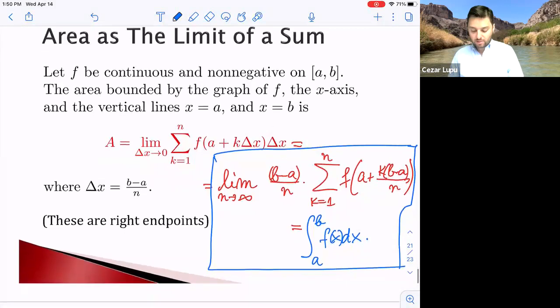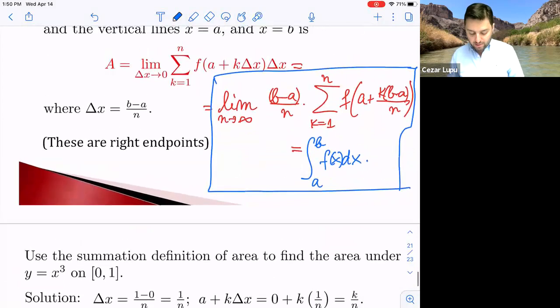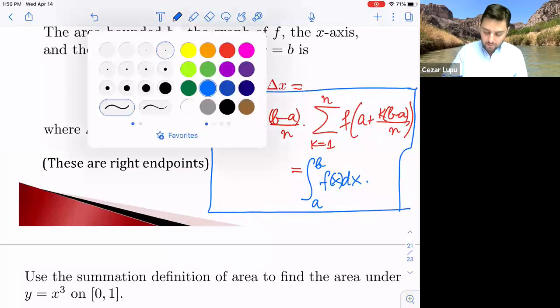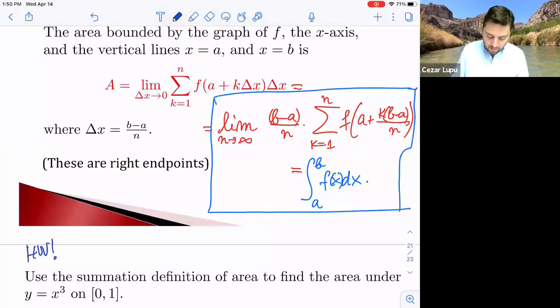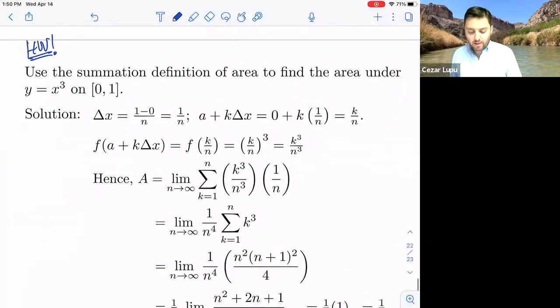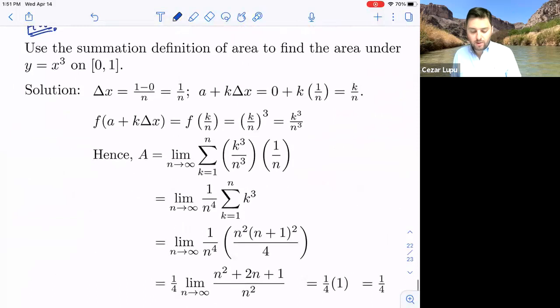Well, now in the remaining time, I would like you to do the same thing as homework. I want you to use a summation definition of the area, in the same fashion, to find the area under the curve y equals x cubed on [0, 1].